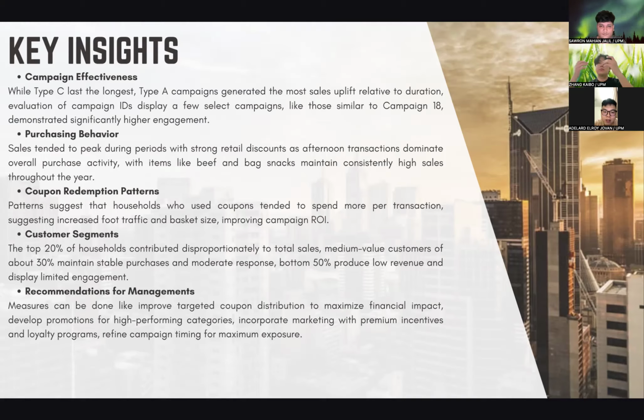In terms of behavior, sales tend to peak during periods of strong retail discounts, and items like beef and snacks maintain consistent sales throughout the year. In terms of redemption patterns, households who use coupons tend to spend more per transaction, thus improving campaign ROI, return on investment.